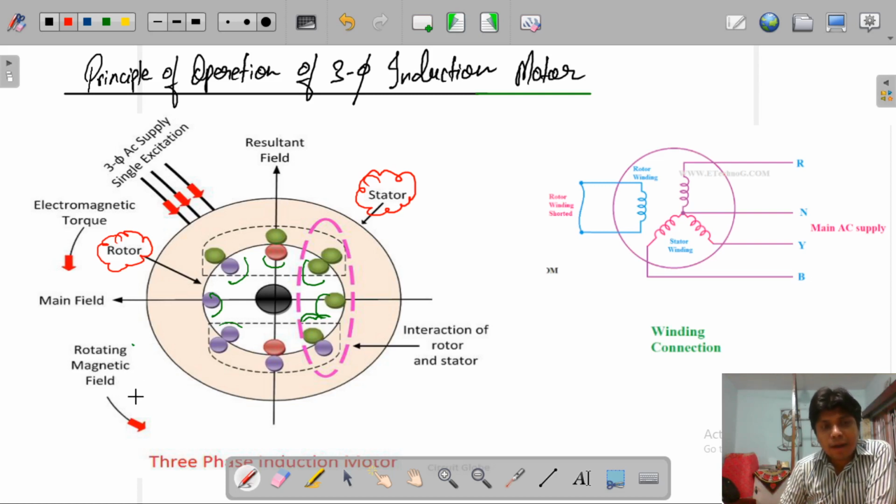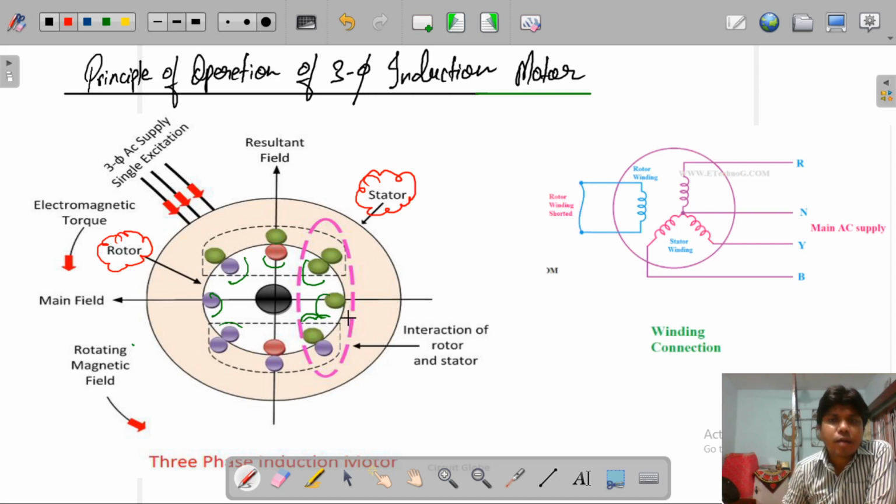When the rotating magnetic field cuts the rotor conductor placed on the rotor side, it produces an induced EMF in the rotor conductor.